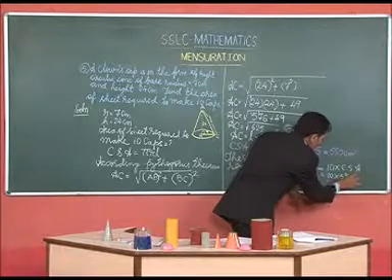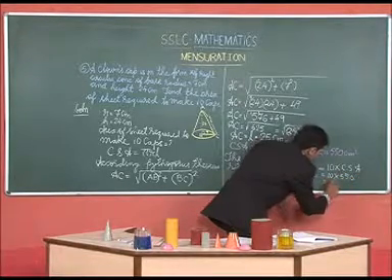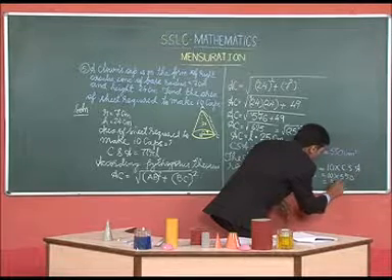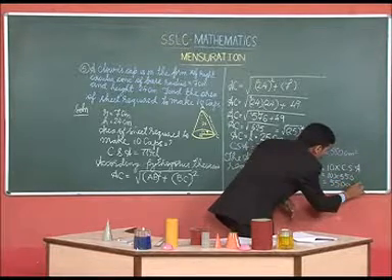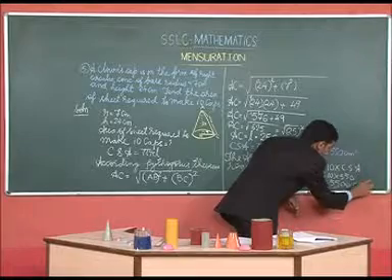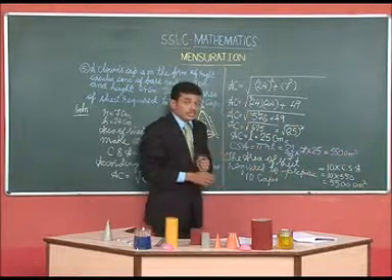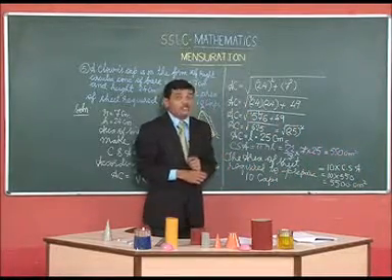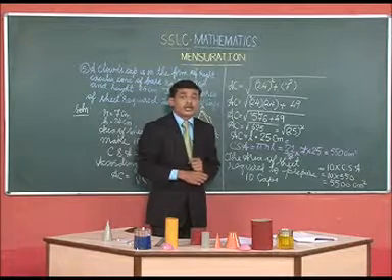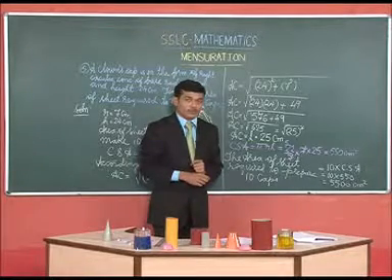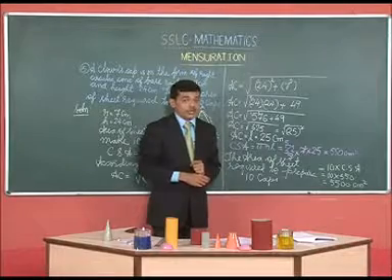So 10 into 550 gives you 5,500 centimeter square. So dear students, this is the area of the sheet which is required to prepare 10 conical caps. Let us recall it again.